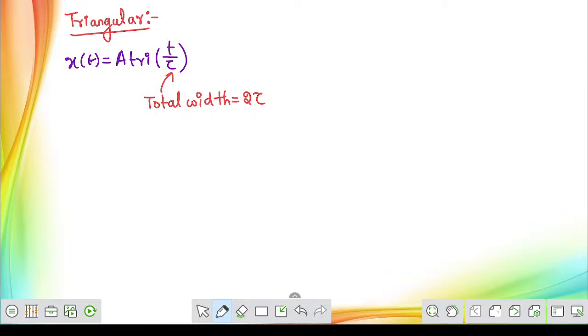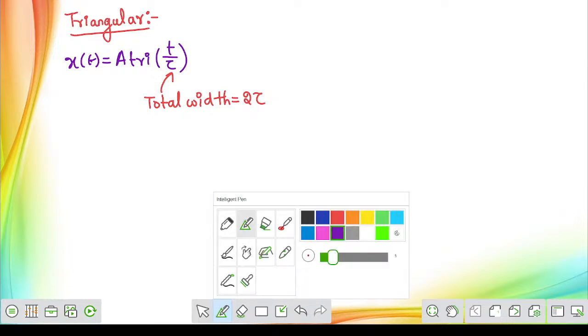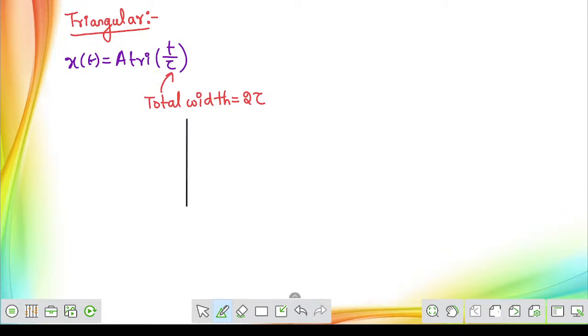Okay. So when we are defining the triangular function, let me show you how to define this. Take your time axis. Okay, this is the representation of the triangular function.